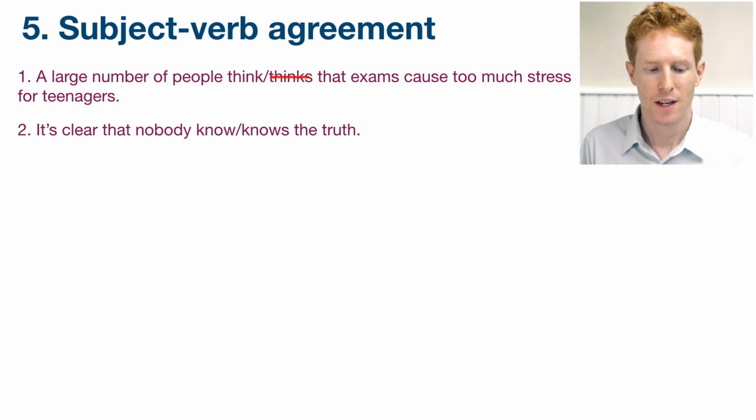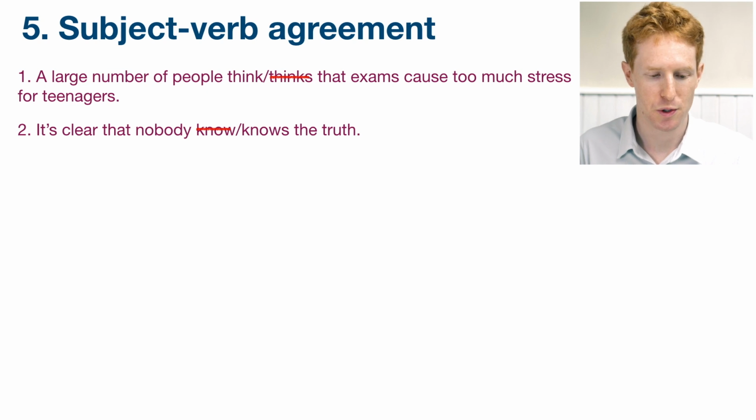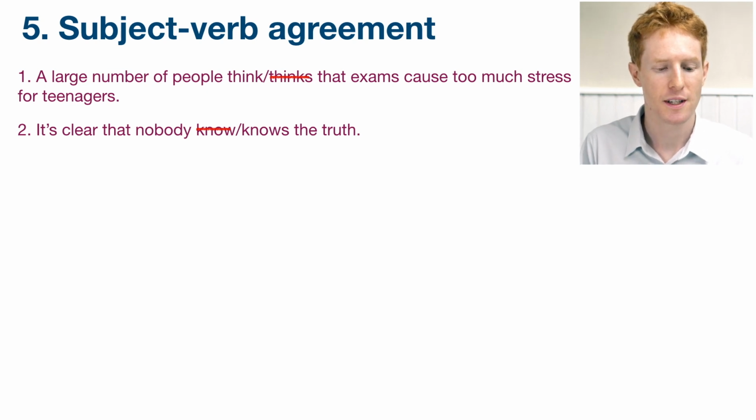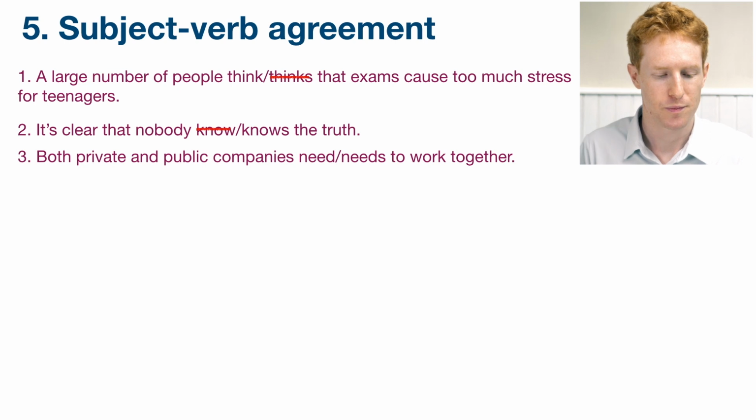Number 2, it's clear that nobody knows the truth. Nobody is a singular noun. So we're going to say nobody knows the truth. Number 3, both private and public companies need or needs to work together.